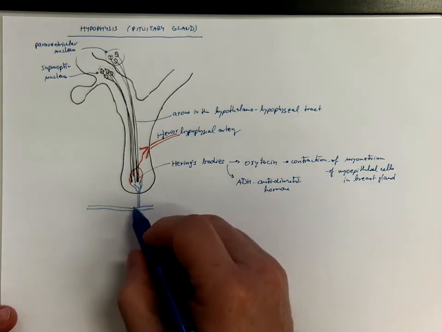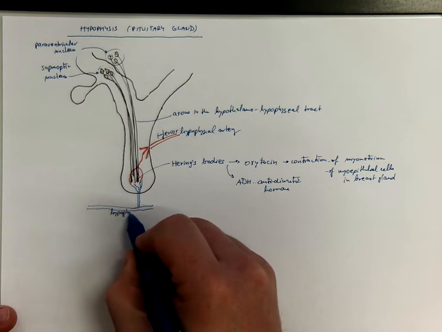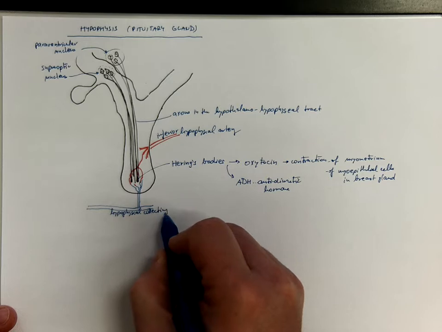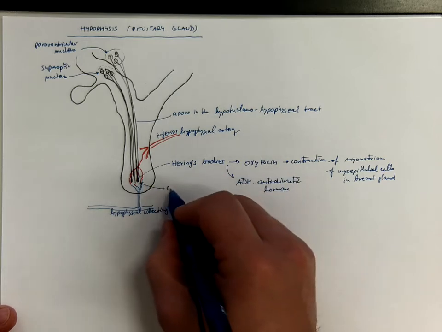This is the hypophyseal collecting vein. And here there is a capillary plexus.